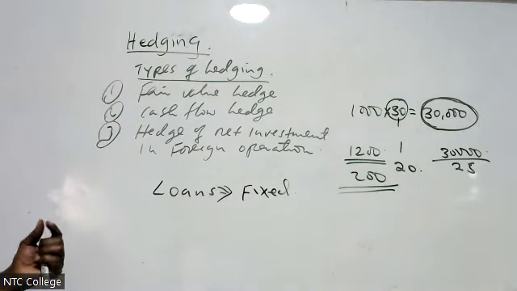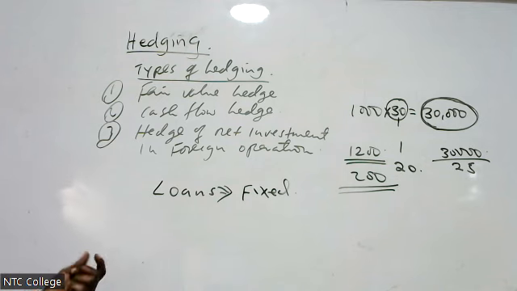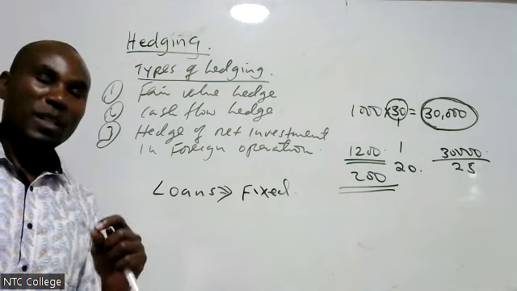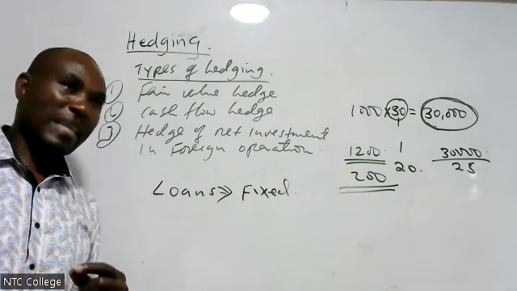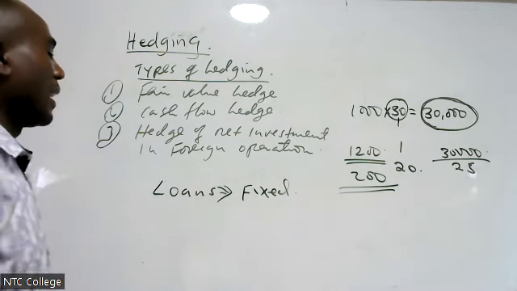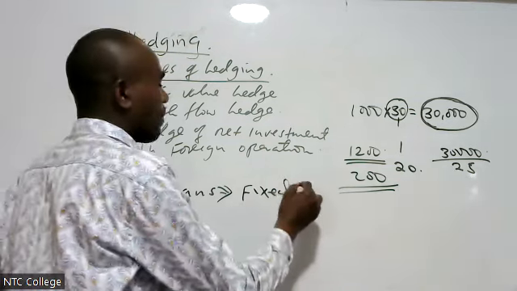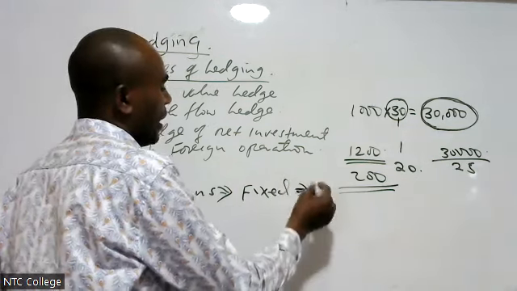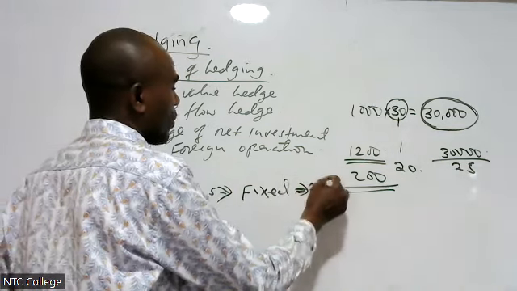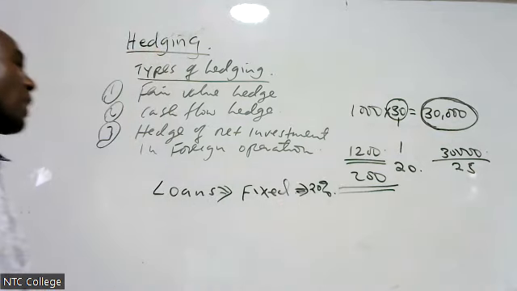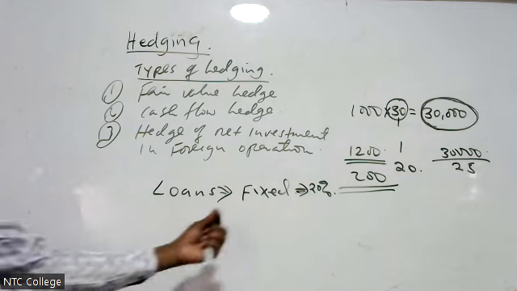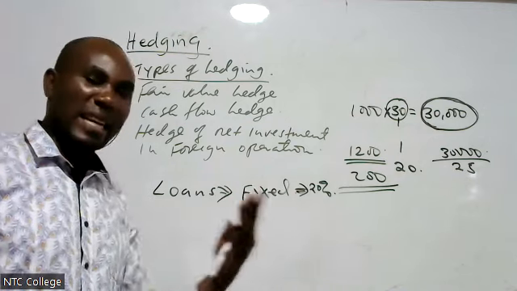If I want to get more profit, maybe the fixed interest is 20% fixed. But there will come a time that if it remains 20, I can incur loss on it.